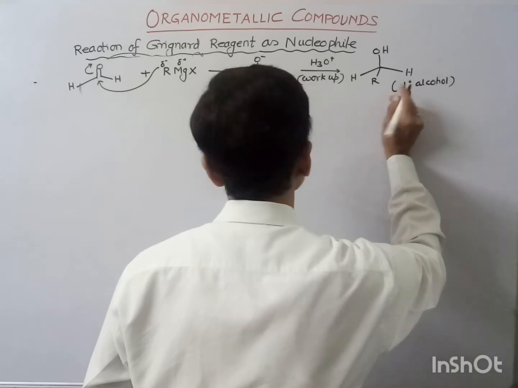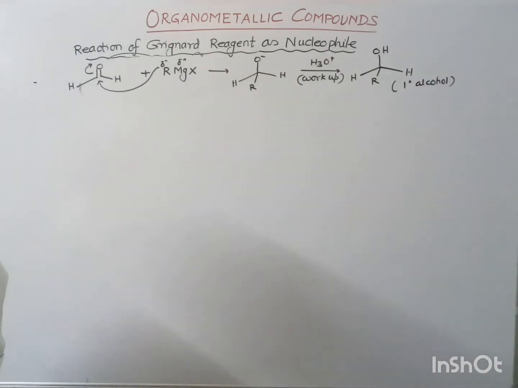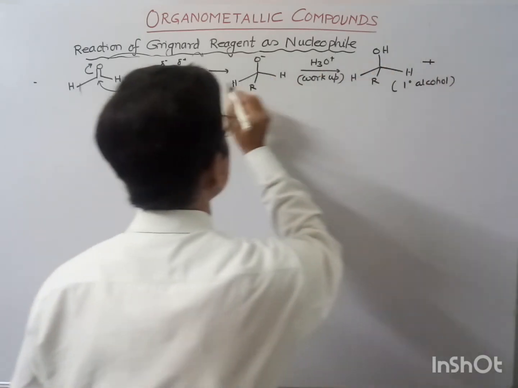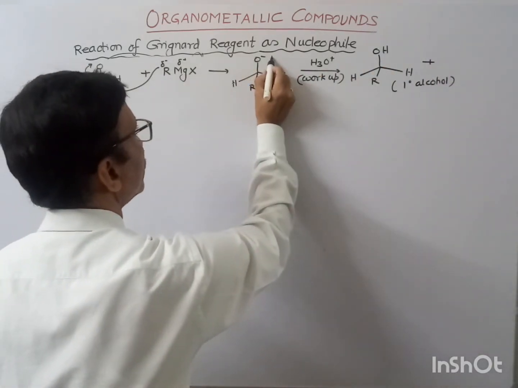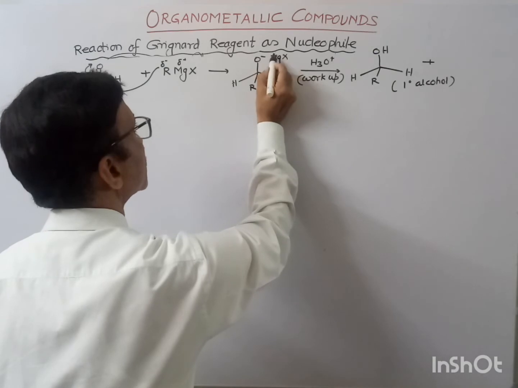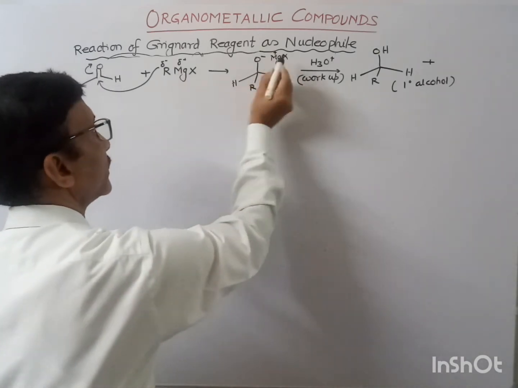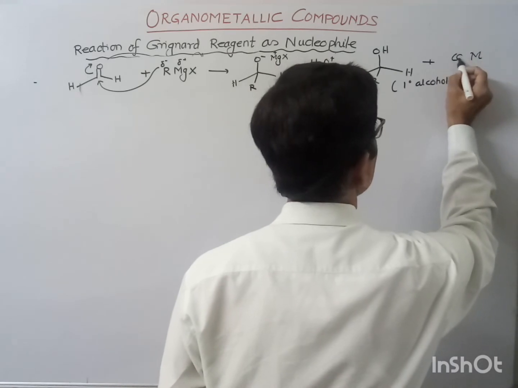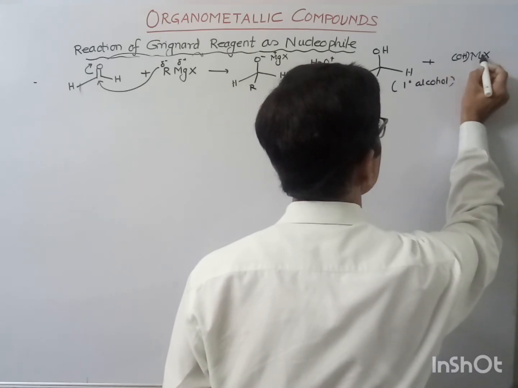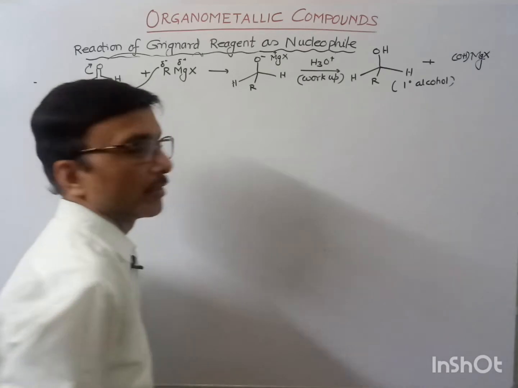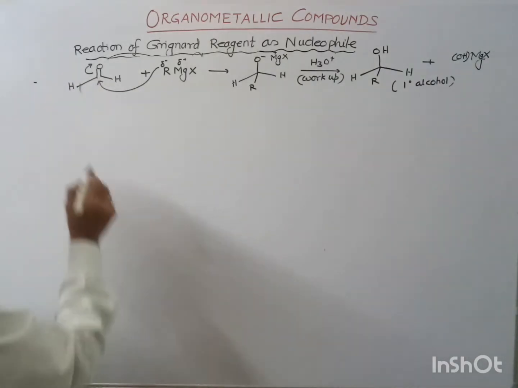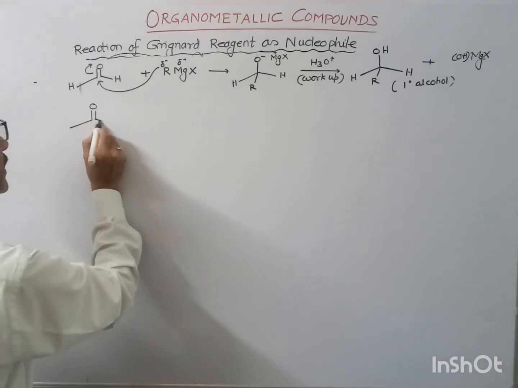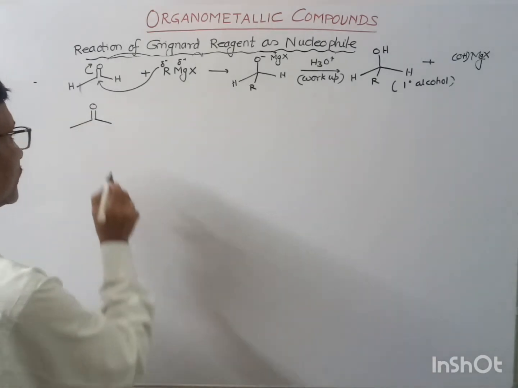So this formaldehyde is giving the primary alcohol, and here this MgX, finally it will give MgOH and X. Now in the same way, it may react with either aldehyde or ketone.